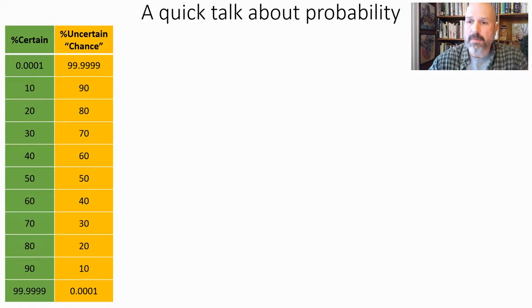So a little thing about probability. Nothing in this world is certain, but also nothing is 100% uncertain. On the left-hand side in green are percent certainties, and its accompanying uncertainty. So for things that are 30% certain, you can easily say that they're also 70% uncertain.